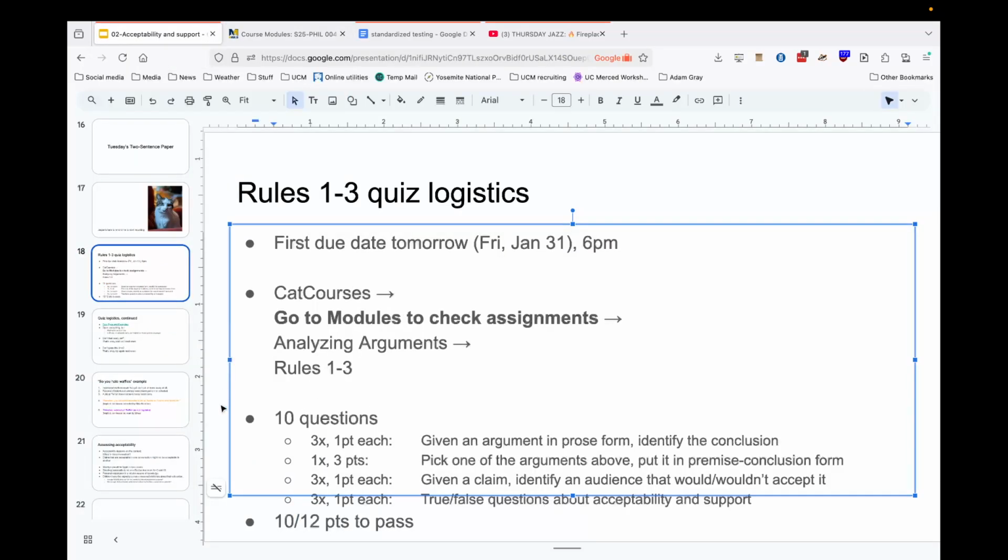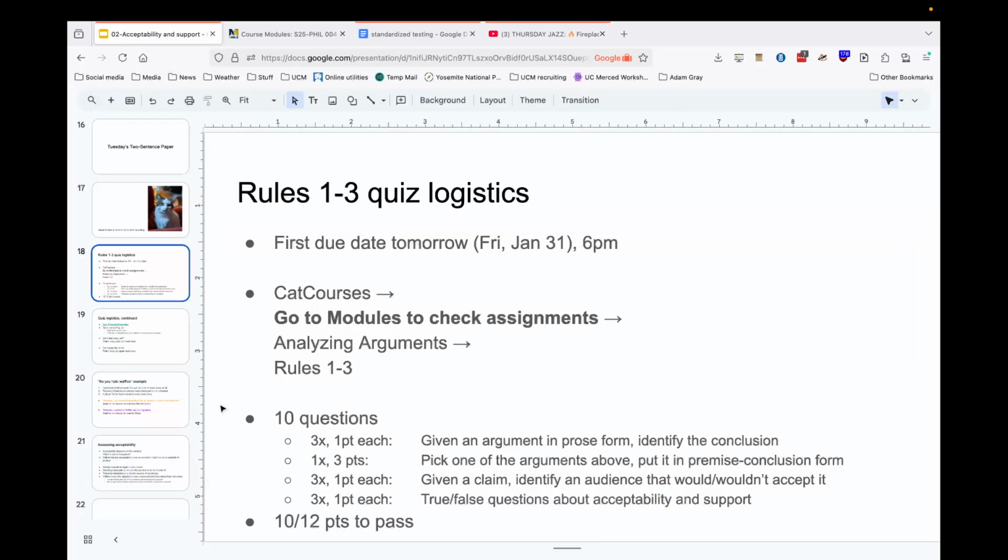The quiz has 10 questions, 4 different kinds of questions. First, given an argument in prose form, that is as a paragraph, identify the conclusion. The idea here is mostly that you're copying and pasting, although the automatic grading system is a little oversensitive, like it's not great.